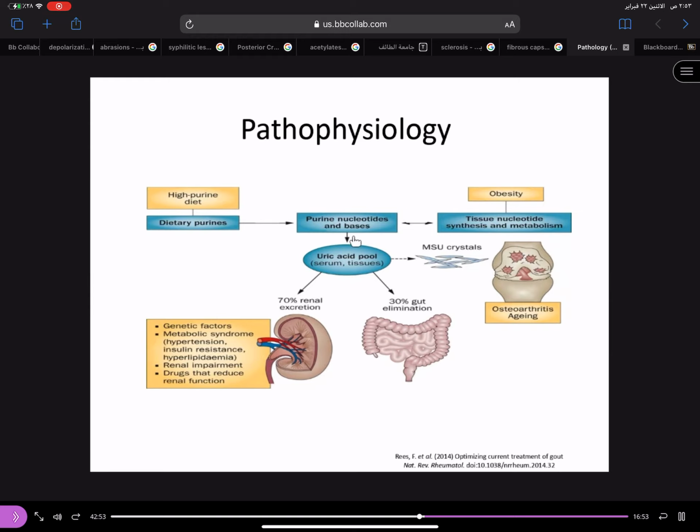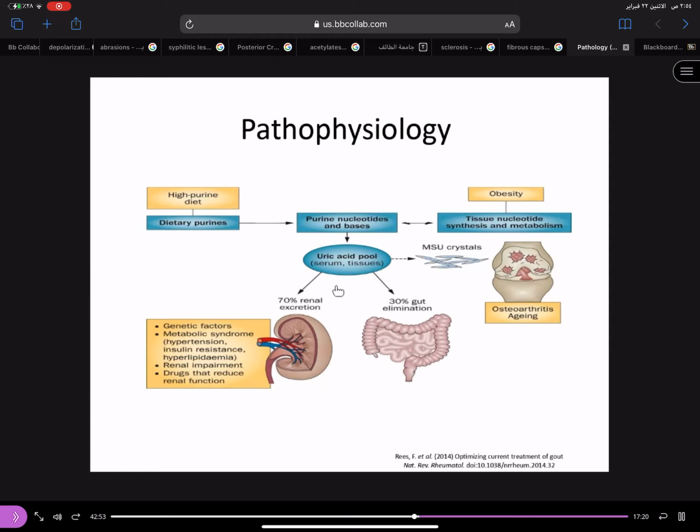More purines are coming in the diet, or obesity can also lead to increased tissue nucleotide synthesis and metabolism. So it is increased in obesity. Anyway, if more purines are there, more metabolism is there, so it will lead to a uric acid pool. Uric acid will increase.